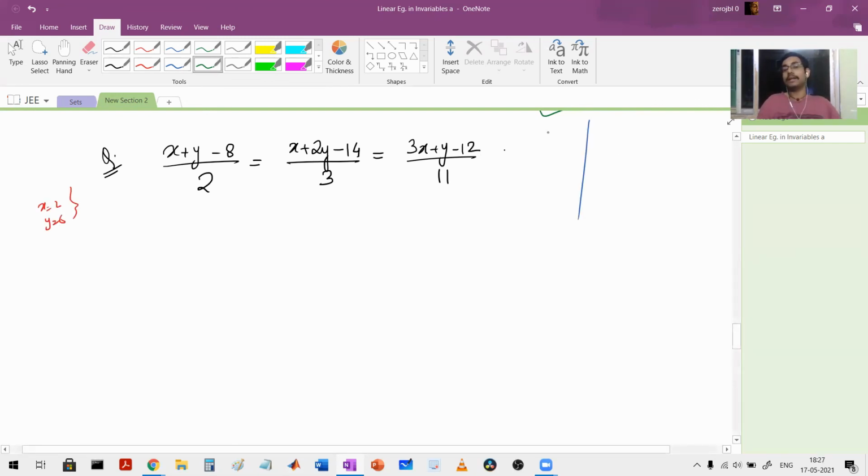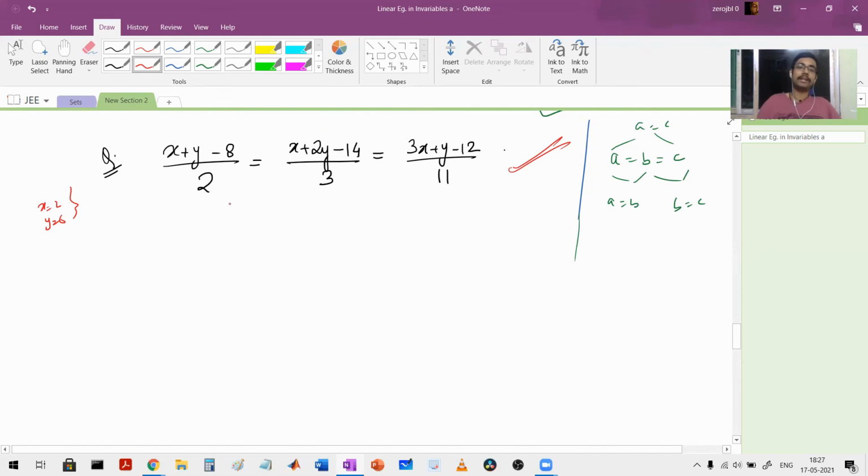One thing that is very important to see here is that if A is equal to B is equal to C, that implies that A is equal to B and B is equal to C and A is equal to C. Isn't it so? Can I not write like this? So from this one line itself, you can derive two equations.